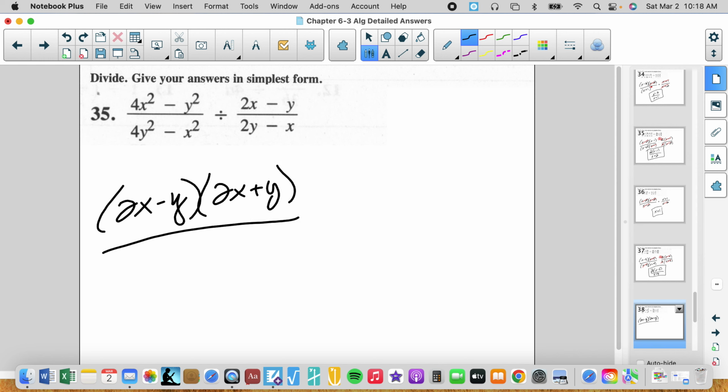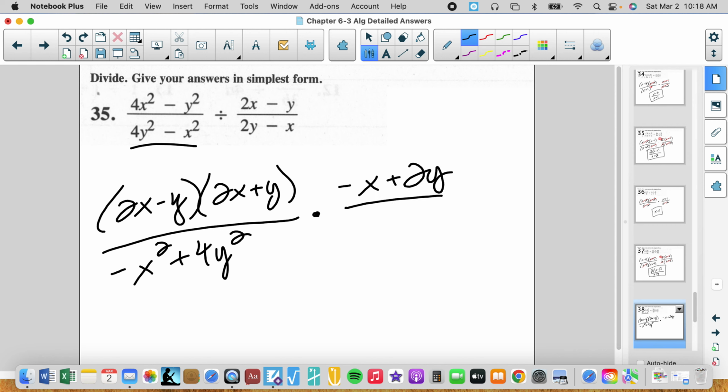Also, oh, I don't like that. That's not very nice. So I'm going to do something that is somewhat untraditional. I'm going to rewrite that denominator in the numerator. I'm going to keep that.